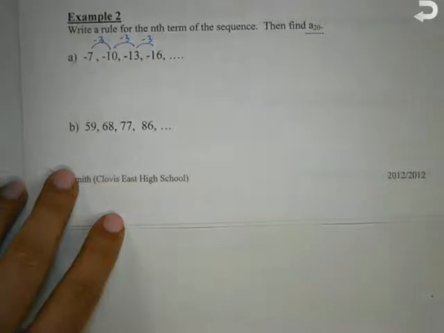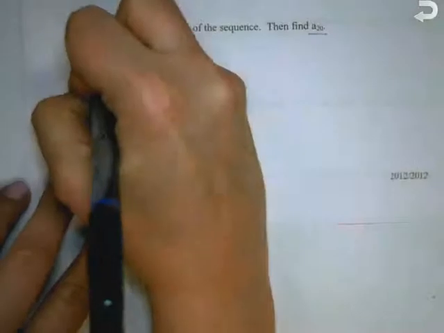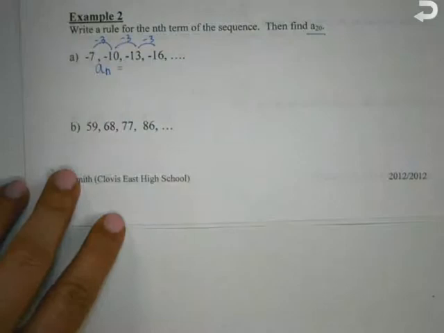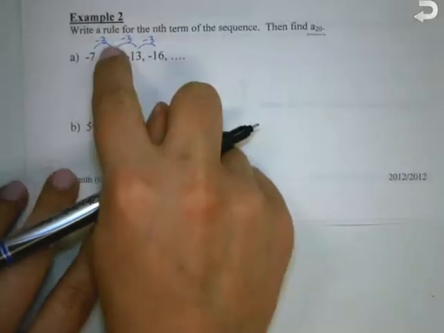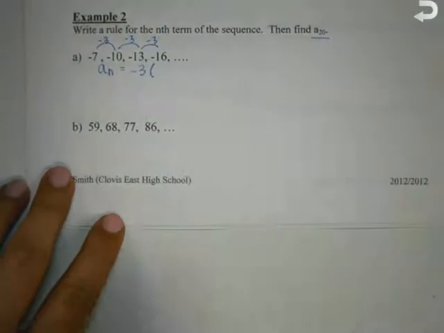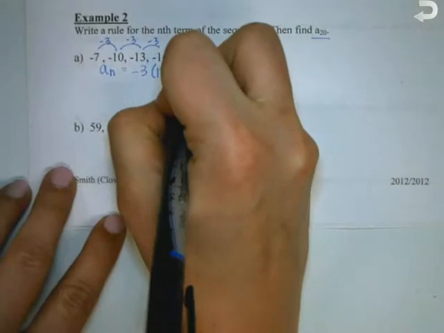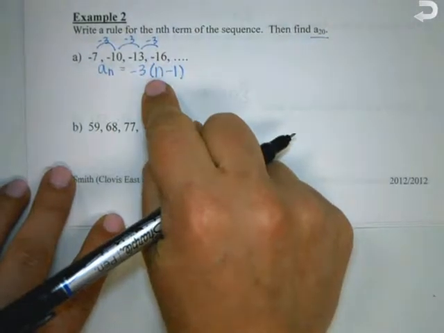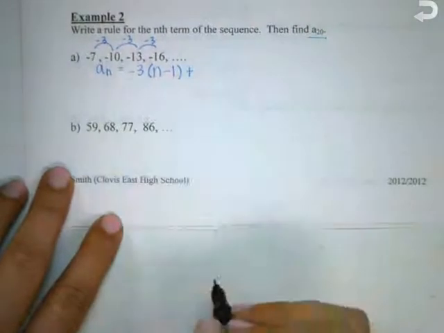So let's plug it in. a sub n equals, d is -3. That's how much we're adding each time. So -3 times n minus 1. We don't know what n is yet. Plus a sub 1, that very first term, which is -7. So plus -7.